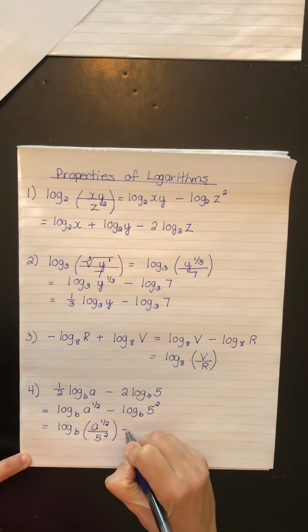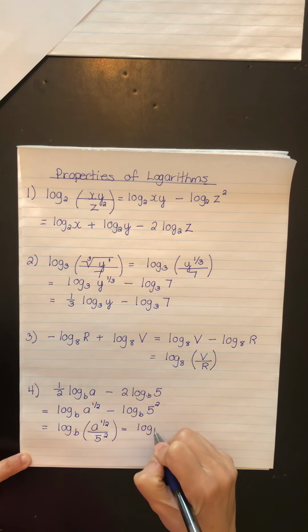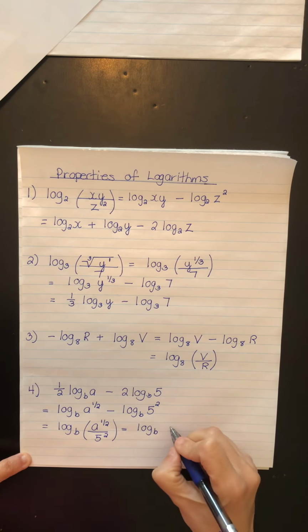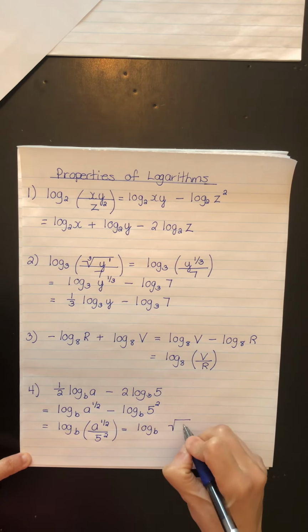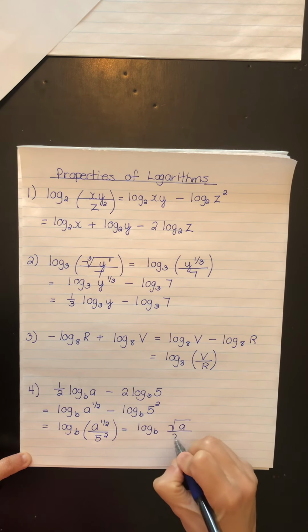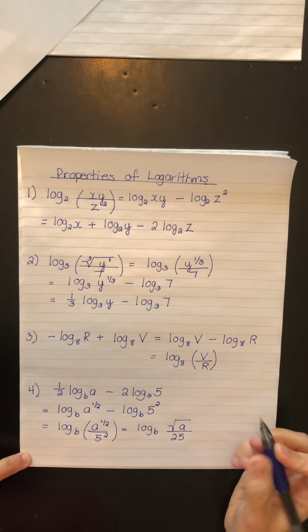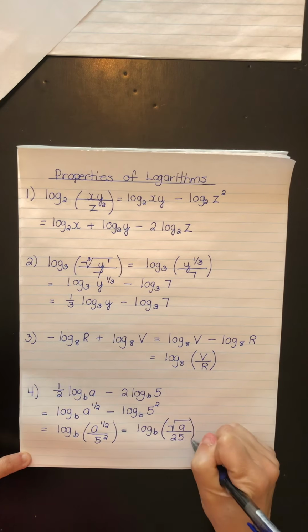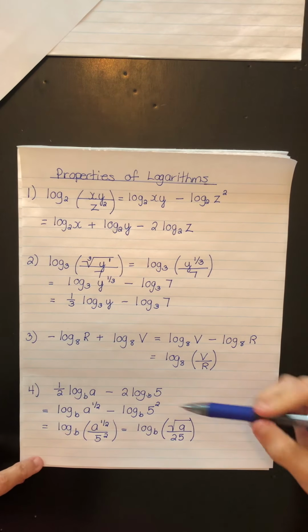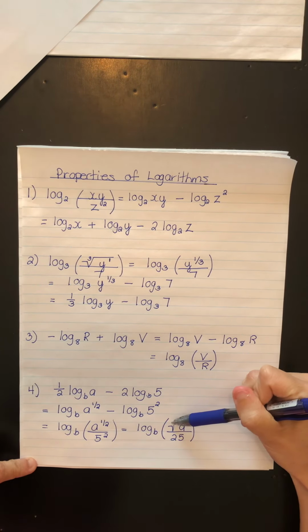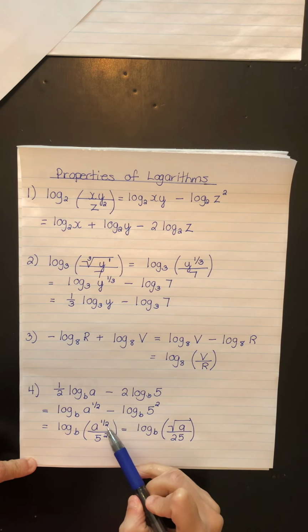And of course, from there, we can write square root of a over 25 as the correct argument. Now remember that when there is no index written here, it's assumed to be a 2 as required.